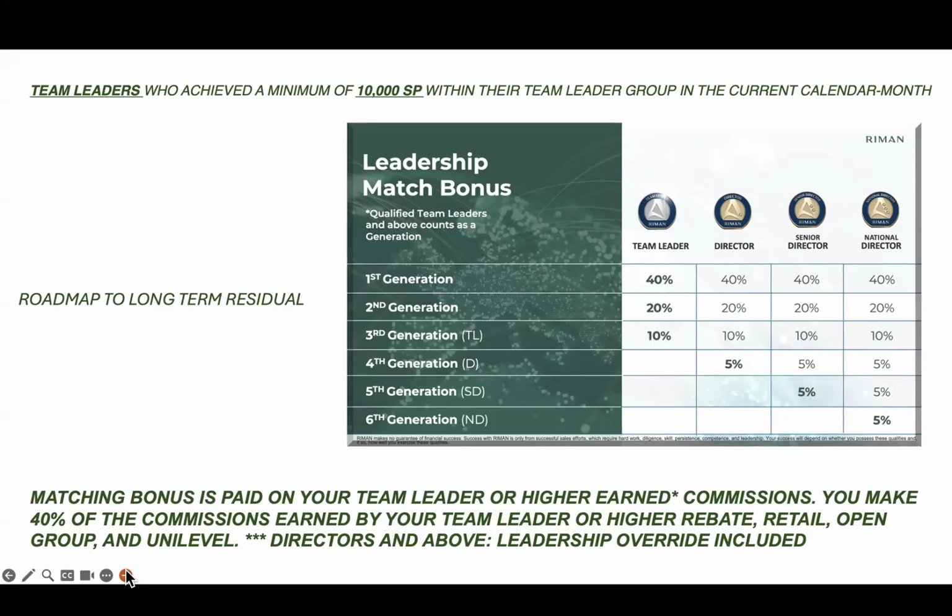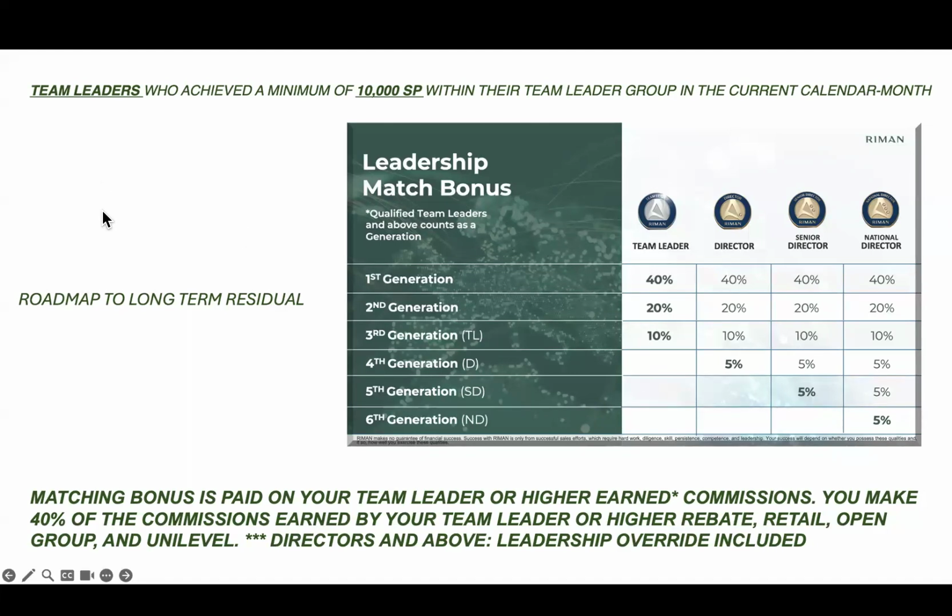So this starts from team leaders who achieved a minimum of 10,000 SP within their team leader group in their current calendar month. So 10,000 SP is a monthly qualifier to maintain your team leader rank. But when you qualify this, it's going to unlock the leadership matching bonuses, right? So what this concept pretty much means is, I don't make money till you make money. I don't get promoted till you get promoted, right?